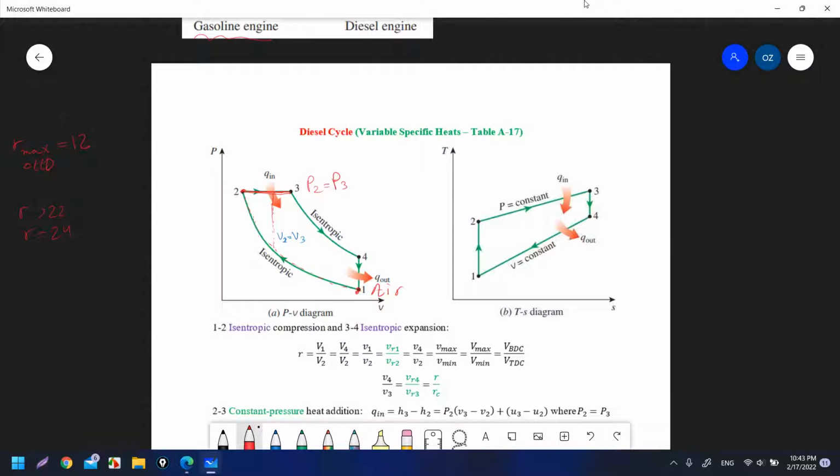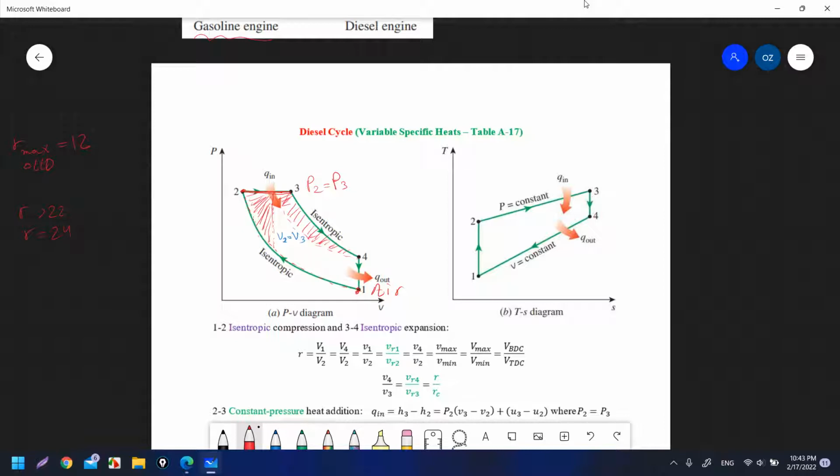In the Otto cycle, after the constant volume heat addition, we will have isentropic expansion like this. So in the Otto cycle we lost work here, because the work is the area enclosed under the PV diagram. So we lost work, this red shaded area.